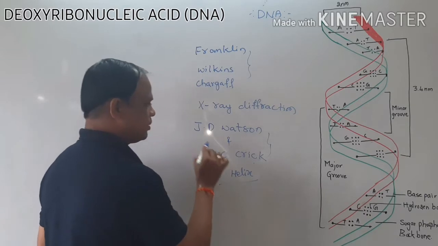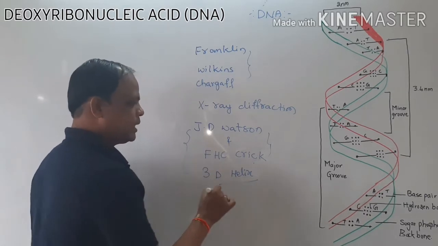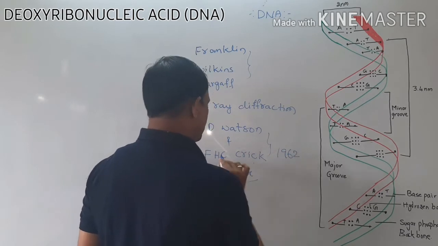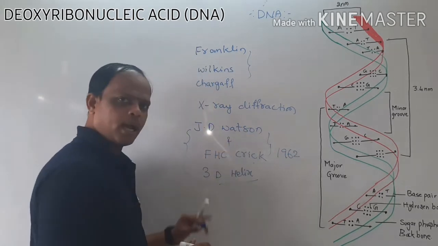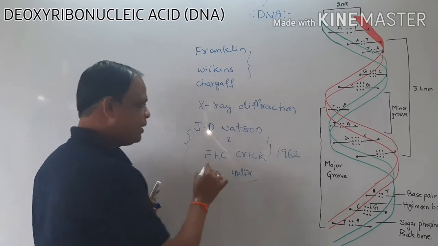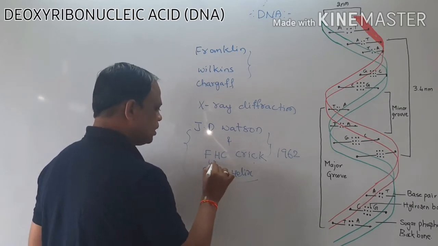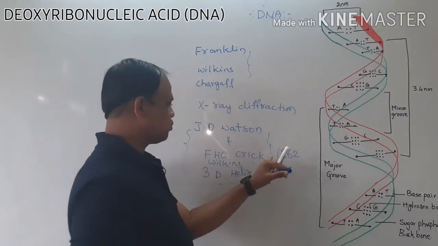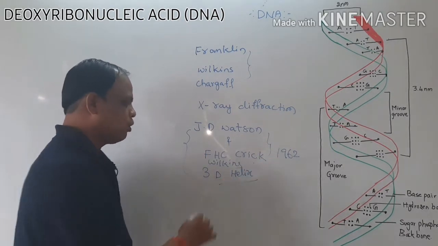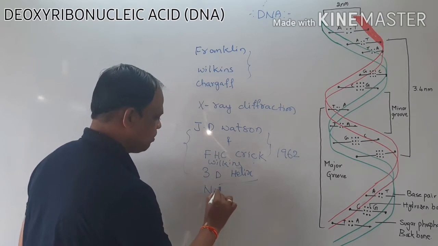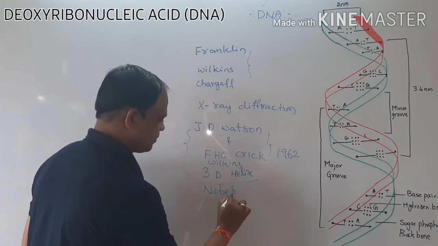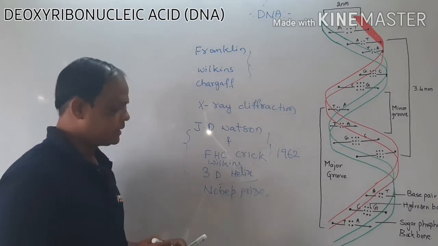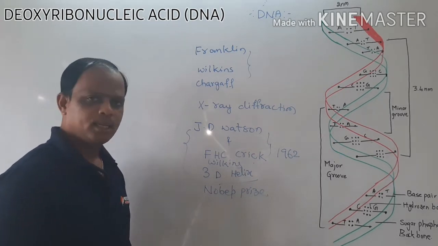In the year 1962, J.D. Watson, F.H.C. Crick and Wilkins were all awarded the Nobel Prize. This is the invention history.